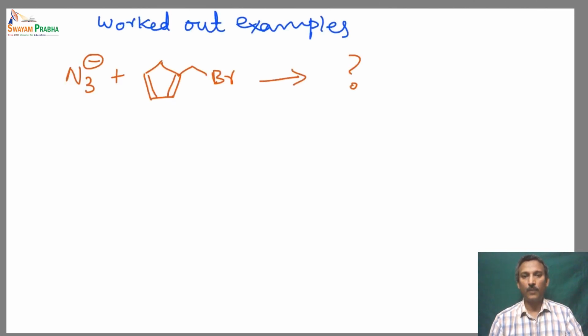Let us look at this particular example. In this example, an azide group reacts with a furfuryl bromide, and we need to find out what the product is going to be. So in this case, we want the product when the azide anion attacks the primary bromide.